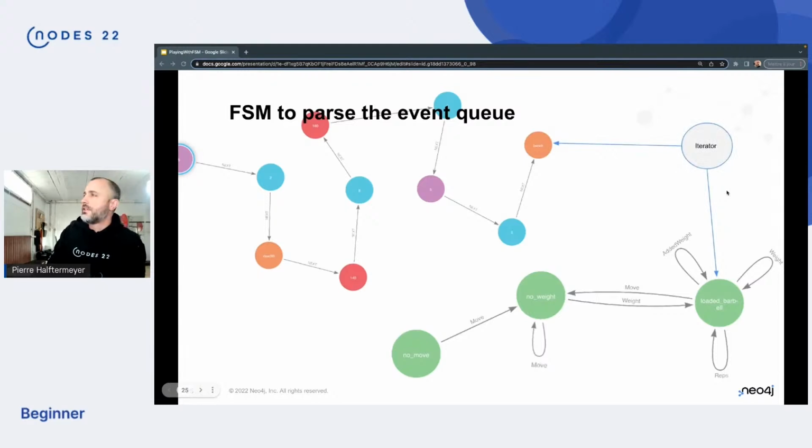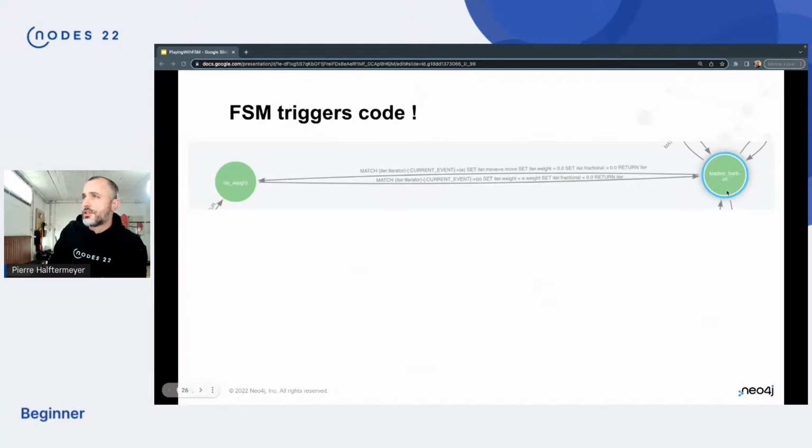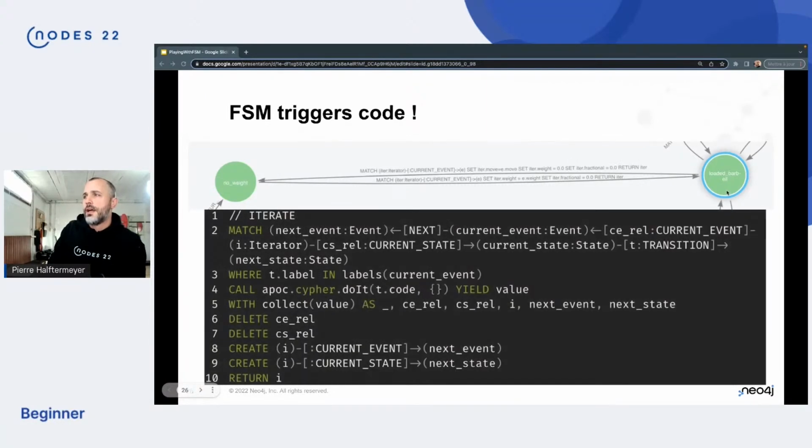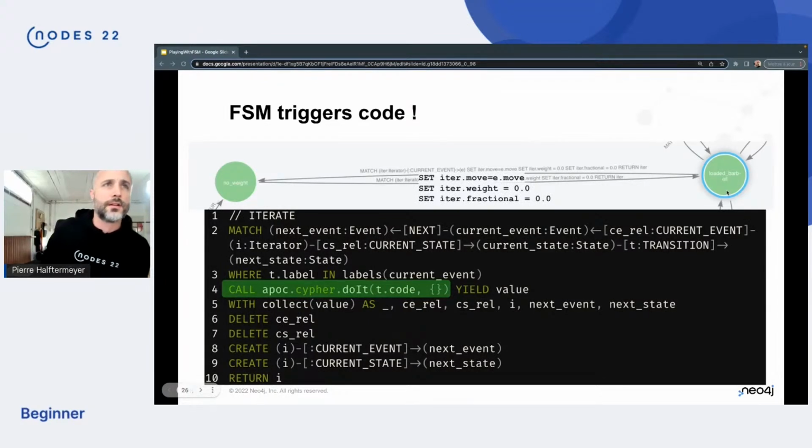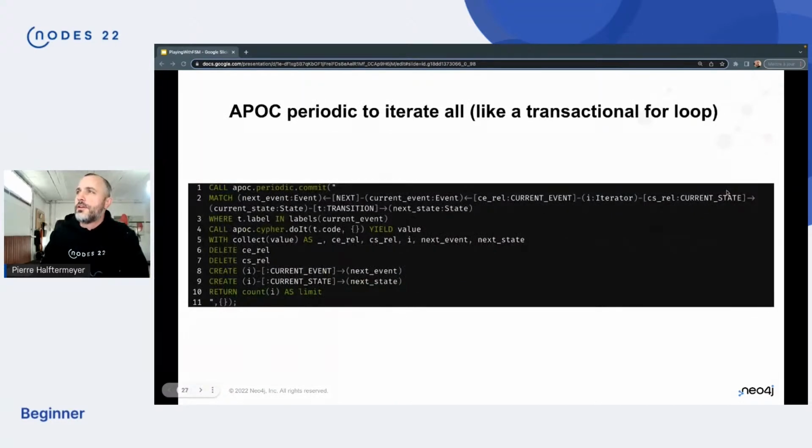I can put an iterator on the last event and the current state, and then it can see the next state would be there is no weight anymore because I have changed my exercises, and it has used the transition move, and there is code in this transition that sets a memory to the right values, like move has changed and weights are now empty. I put that in an APOC periodic iterate to process it all.